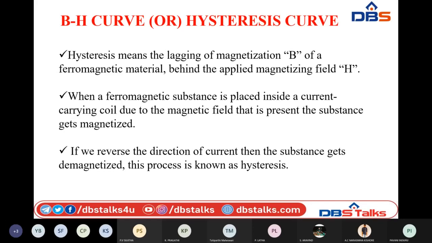While we are doing magnetization and demagnetization, the process called hysteresis may occur, which means lagging of the magnetic flux density B of a ferromagnetic material behind the applied magnetizing field H. That means whenever we keep an unmagnetized material in an external magnetic field which has magnetizing force H, it is possible to convert it into a magnet.